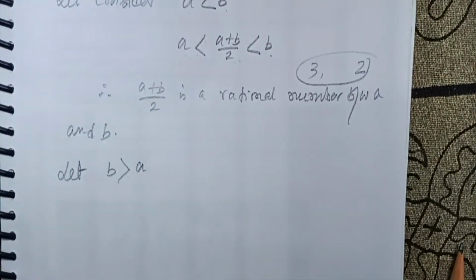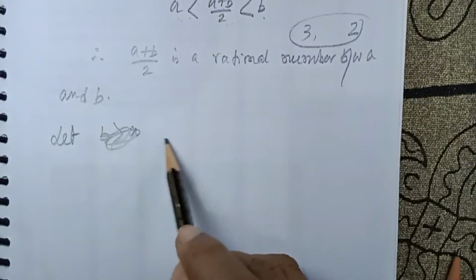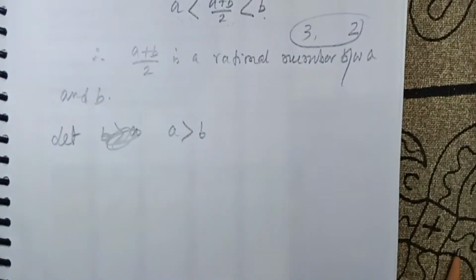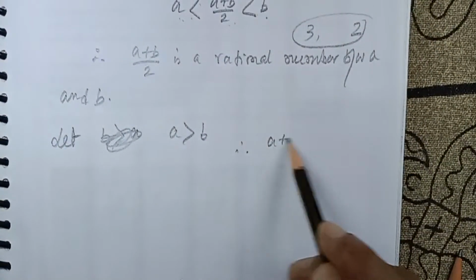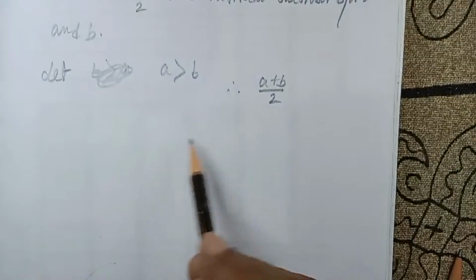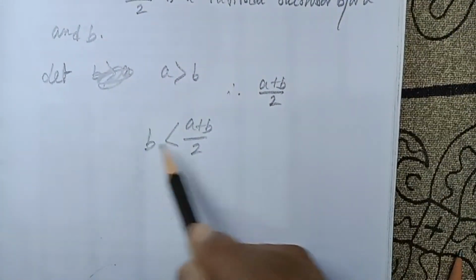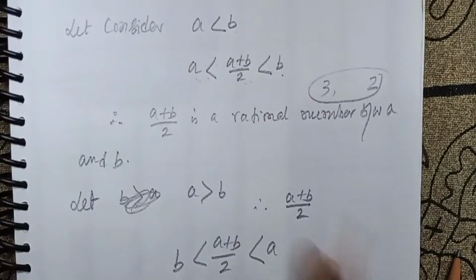A is greater than B. Therefore (A plus B) by 2 is greater than B and lesser than A. Just its opposite.